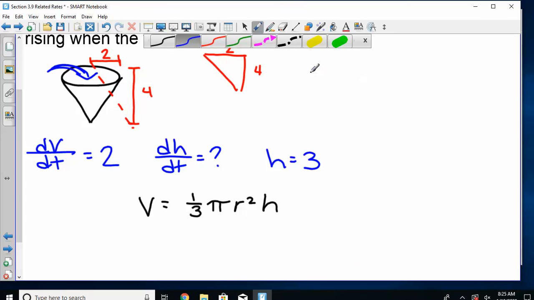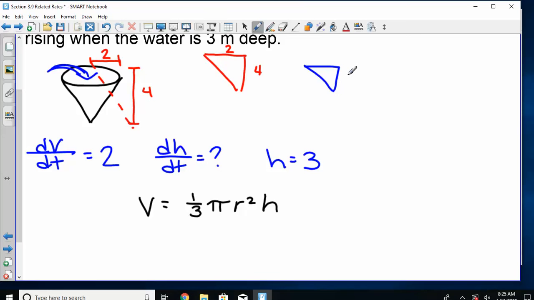I am looking at one point in this. So in general, this is the height and that's your radius. Think about what we did on the last problem. What's true about those triangles? They're similar. So 2 over 4 would have to equal r over h.